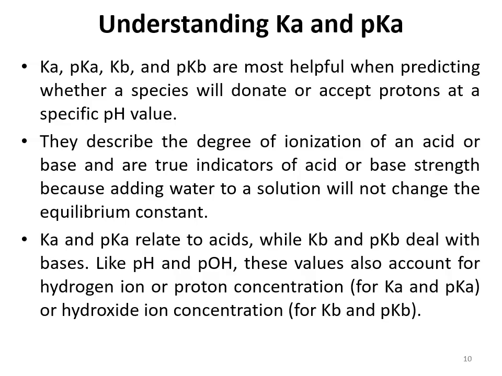Similarly, Kb is the dissociation constant for the base, while Kb and pKb deal with the bases like pH and pOH. These values also account for hydrogen ion or proton concentration for Ka and pKa, or hydroxide ion concentration for Kb and pKb.